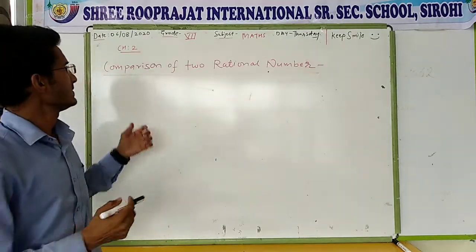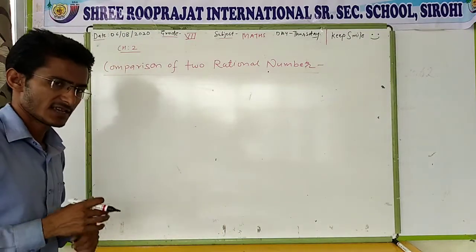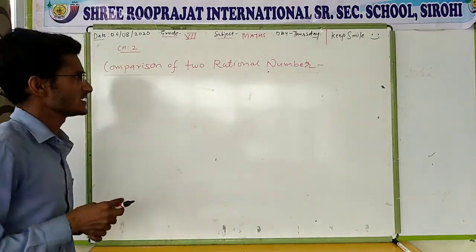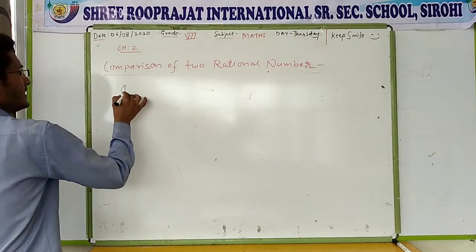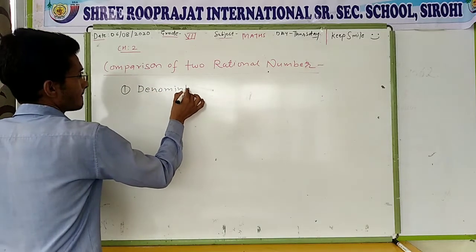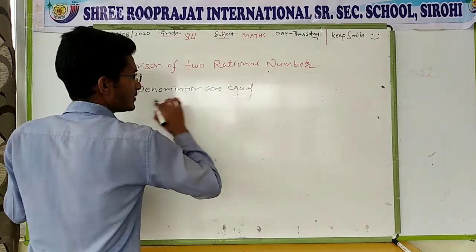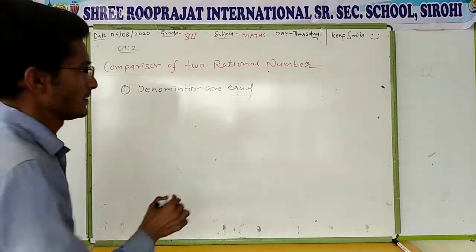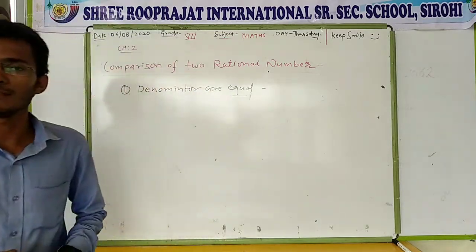Okay. Next one is comparison of two rational numbers. And in the exercise you have to solve many questions using this. So the first one, suppose when the denominators are equal. When denominators are equal, then the number which has a greater numerator will be greater.